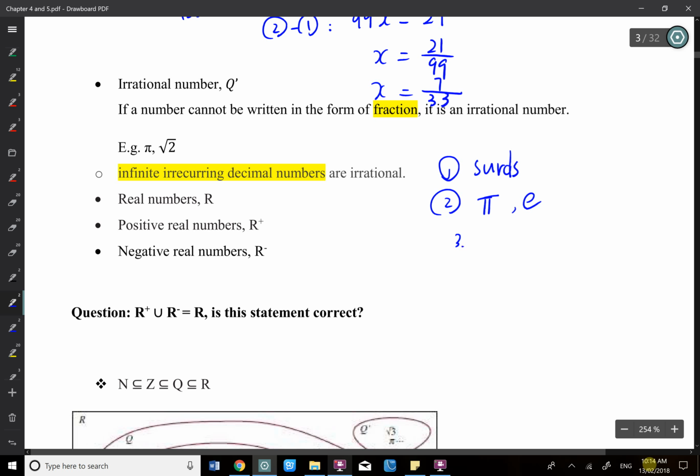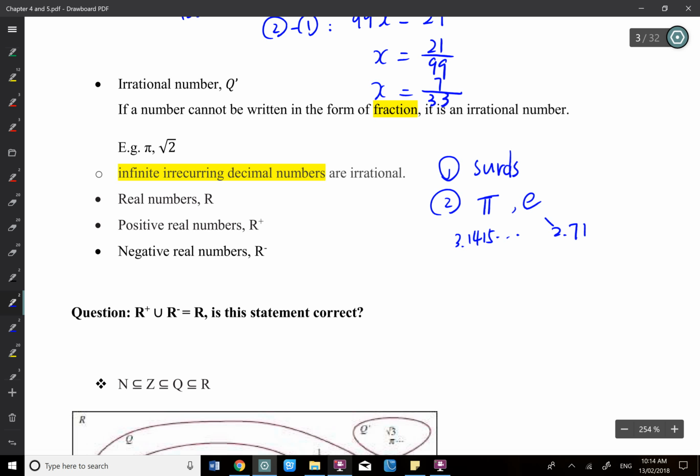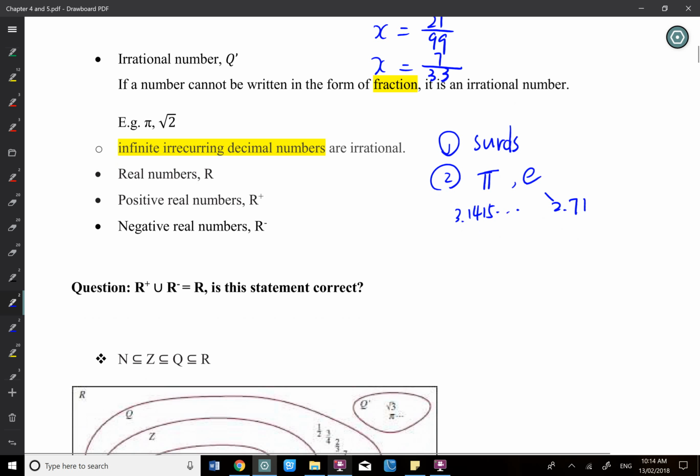Pi is 3.1415 something, and e is 2.71 something. We'll learn that in chapter 13, but it's exactly the same as pi. It's a letter to represent a number. We have a button on the calculator for it.